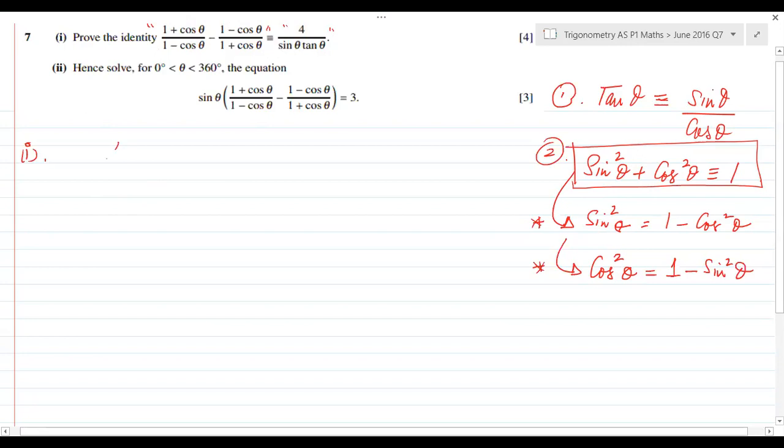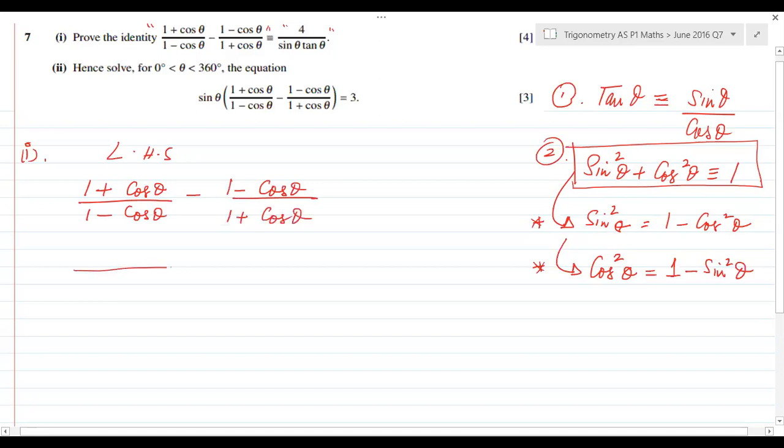So I am selecting the left hand side, which is 1 plus cos theta over 1 minus cos theta, minus 1 minus cos theta over 1 plus cos theta.